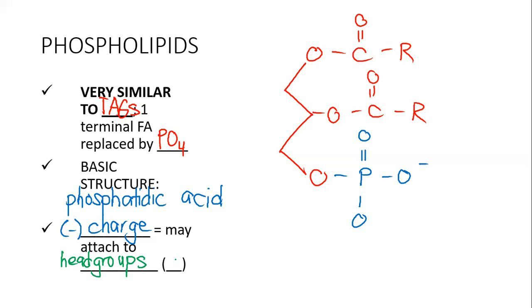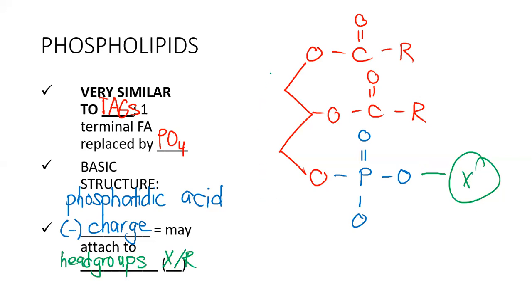So head groups class here in our structure is depicted as X or R. So it will look like this. In class, okay, yung X na to or head groups na to, ito yung magde-determine kung anong klase ng phospholipid yung present. Okay?